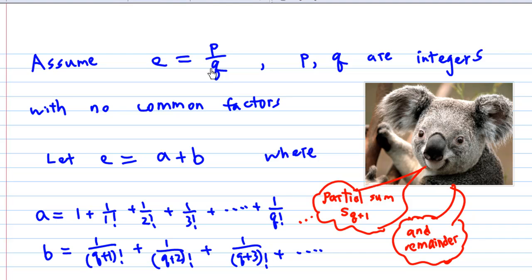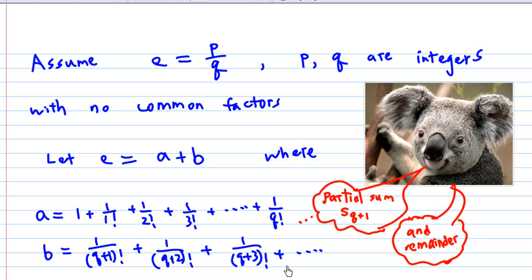The proof goes like this. Suppose e is equal to p over q, where p and q are integers with no common factors. Let e equal a plus b, where a equals 1 plus 1 over 1 factorial plus 1 over 2 factorial plus 1 over 3 factorial all the way to 1 over q factorial, and b is equal to 1 over (q plus 1) factorial plus 1 over (q plus 2) factorial plus 1 over (q plus 3) factorial plus the rest of the terms.